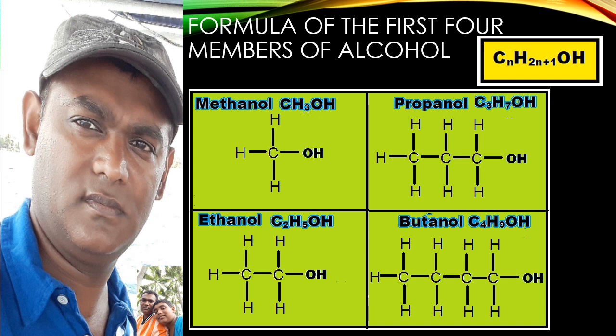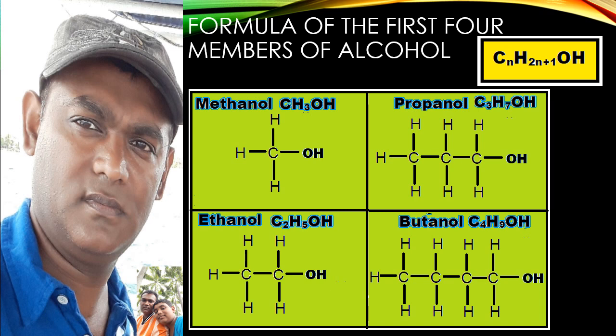When the value of n is substituted by 4, this gives the formula for butanol. The formula for butanol is C4H9OH. In this case, you will see that butanol contains 4 carbons. In between the first and the second carbon, second and third carbon, and third and fourth carbon, there is a single bond.